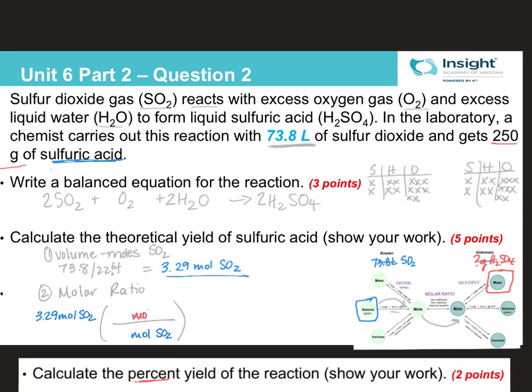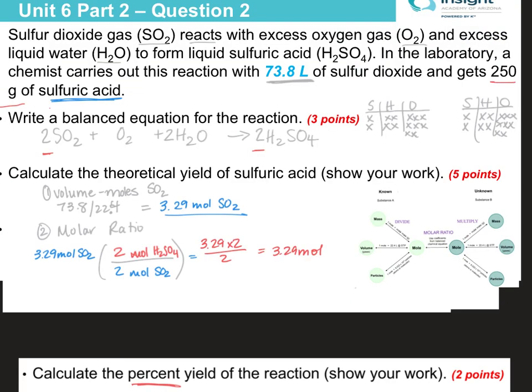All right, so moles H2SO4 is going to go on top. And then I go to my balanced equation to look for my coefficients. They both happen to be 2. All right, which kind of makes this easy. I'm going to do 3.29 times 2 divided by 2. So that's 3.29 moles. All right, almost there. So we got that step done, that step done.